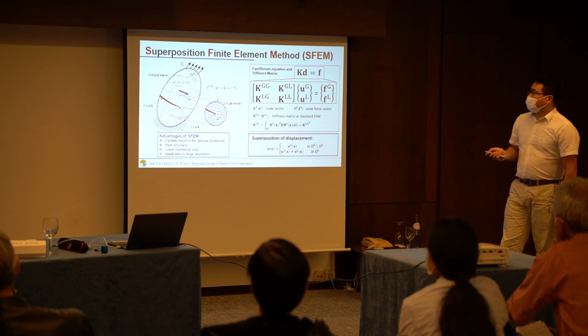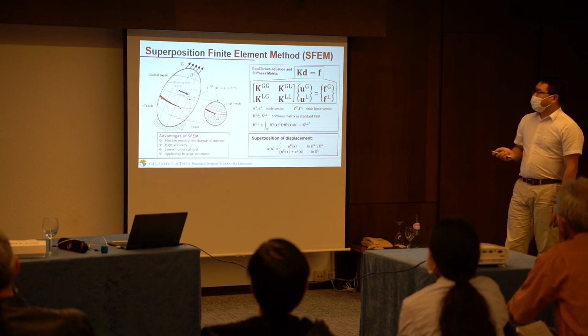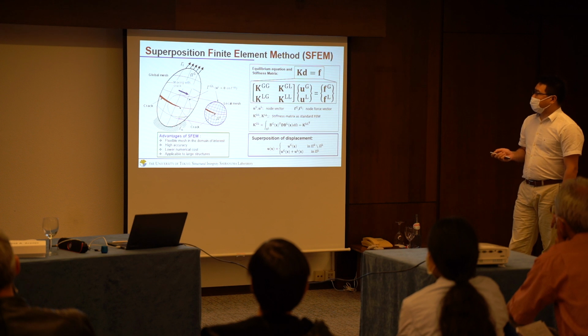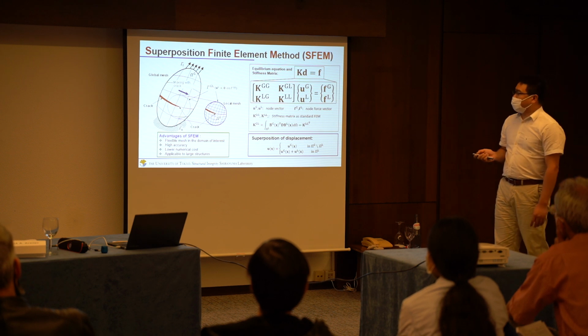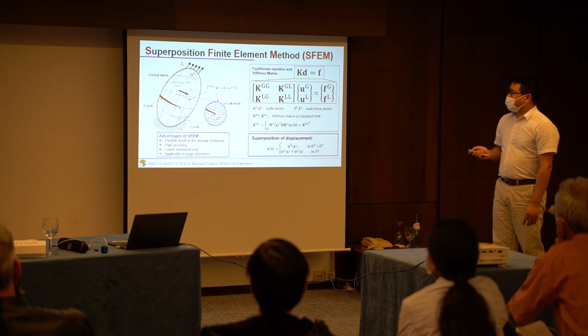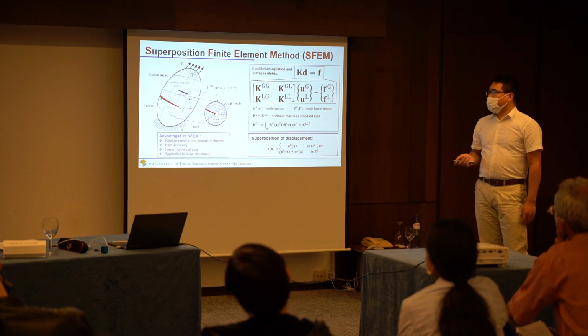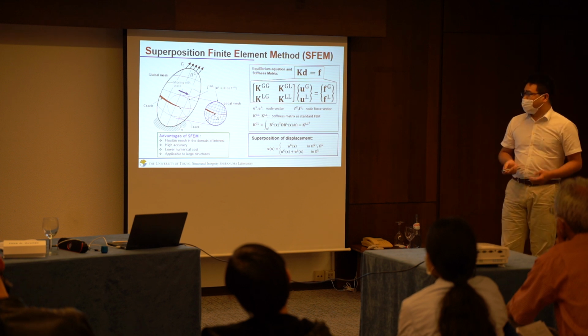And we get the equilibrium equation of this superposition finite element method based on the virtual power law. And this is the system matrix. We have this KG and KL, which are the same as in the standard FEM. And we have the coupling stiffness matrices KGL and KLG, which establish the relationship between the global mesh and the local mesh.